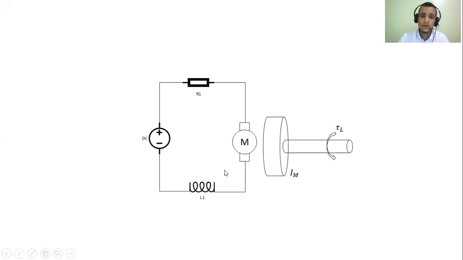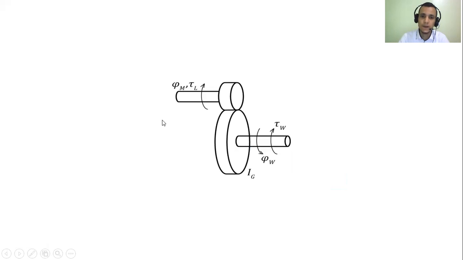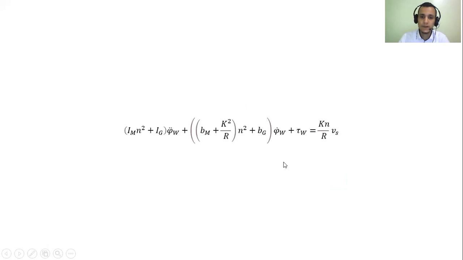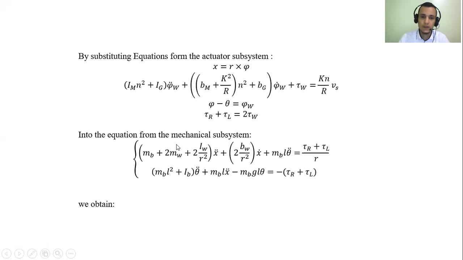All right. So now we move on to the actuator subsystem. The actuator subsystem has its electrical circuit and its rotor. The rotor is attached to the gearbox. So finally, we get this equation whose input is the Vs to the motor, and we get the torque and the velocity of the wheel as the output.